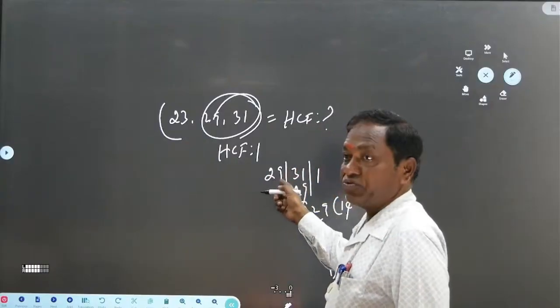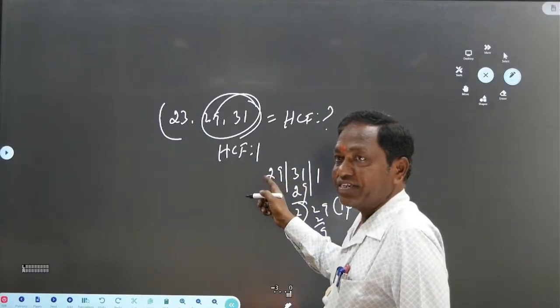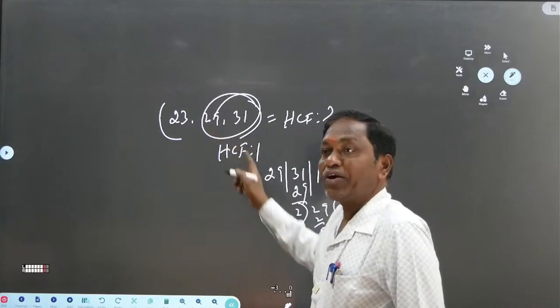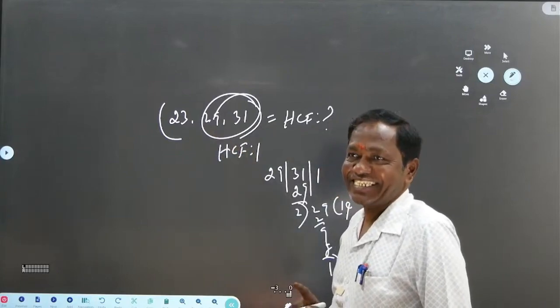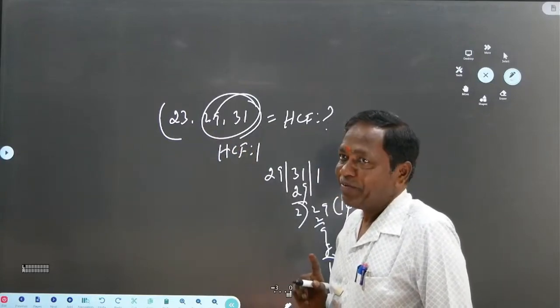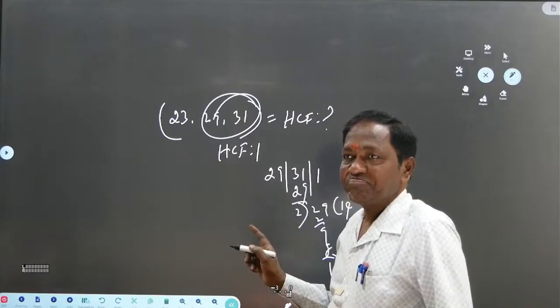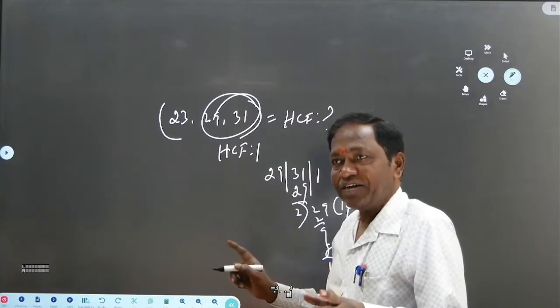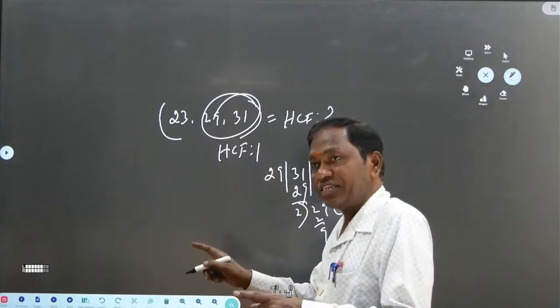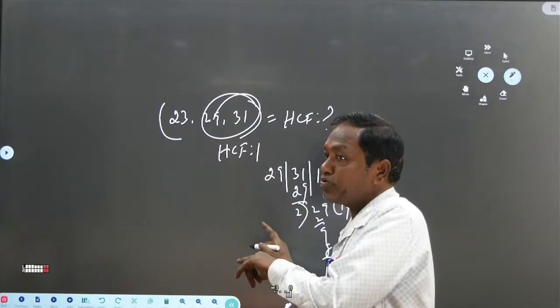But so much work, do we need to do so much? Why? Because all three are prime numbers. If there is one prime number, the only thing is you must see that multiples of the prime number should not be the pair.